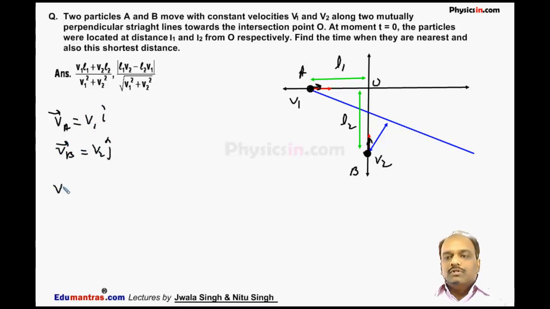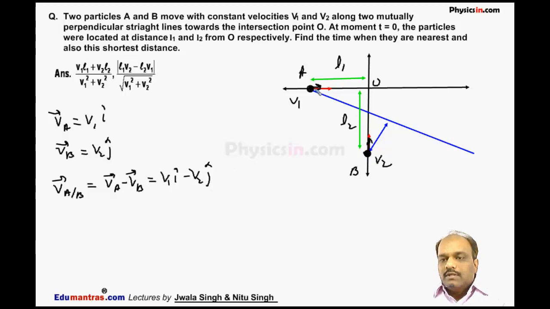Now I can say velocity of A with respect to B is velocity of A minus velocity of B with respect to ground. So this is equal to v1 i cap minus v2 j cap. If this person B is stationary here, this is the velocity of A with respect to B. This component is v1 and this component is v2.